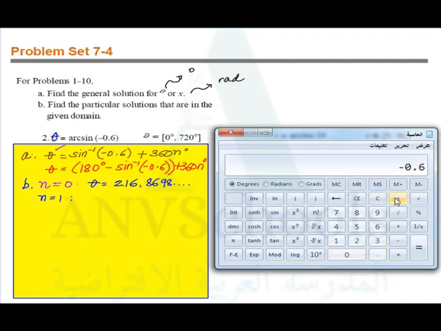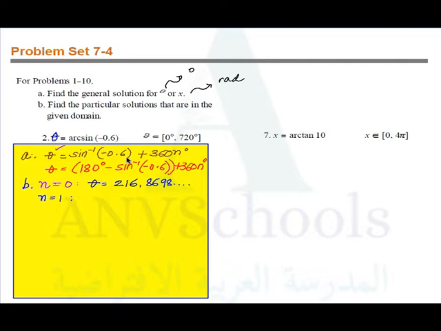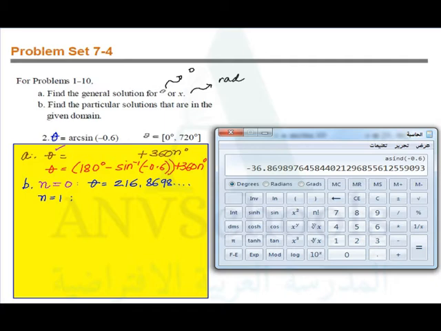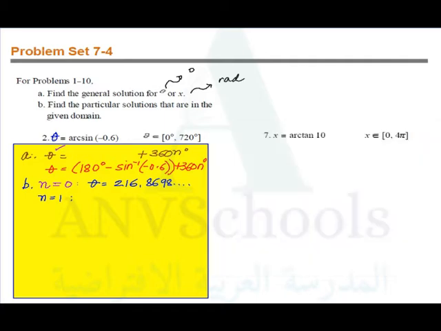So let's do it again. It would be negative 36.8698. Let's just replace this with the value negative 36.8698, so that we won't be solving the same again and again.